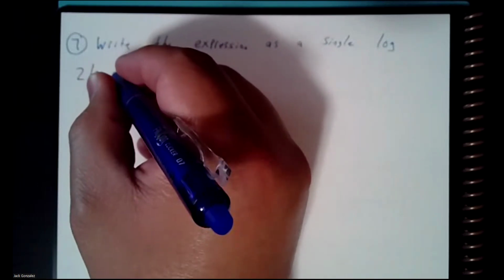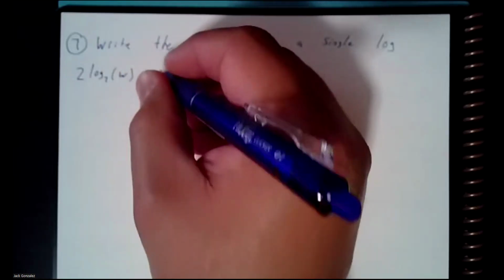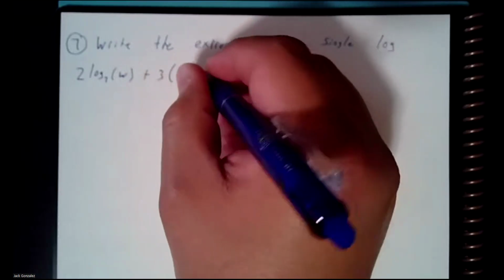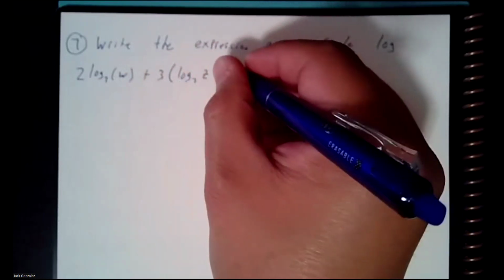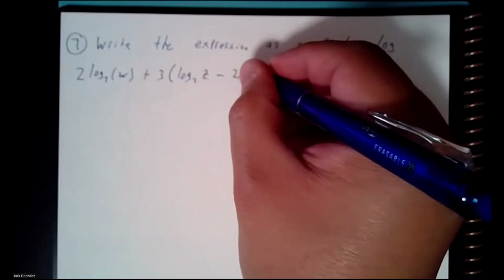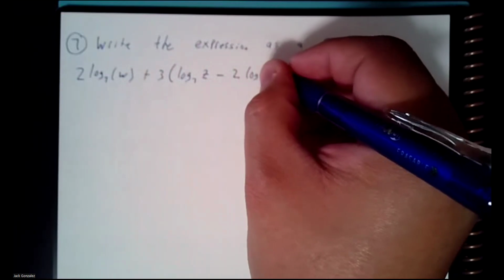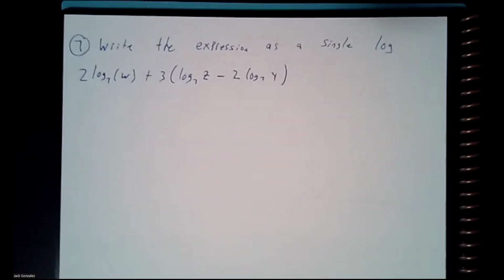All right, so here we go. Log base 7 of W plus 3 log 7 of Z minus 2 log 7 of Y. Okay, so this looks kind of disturbing.